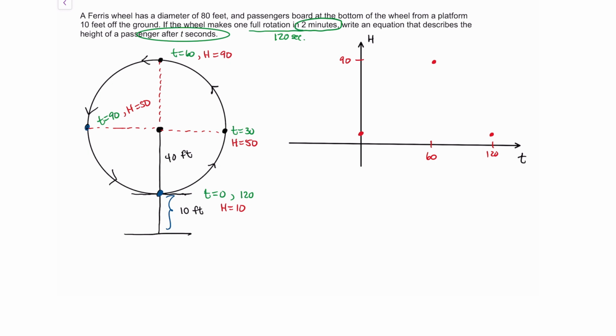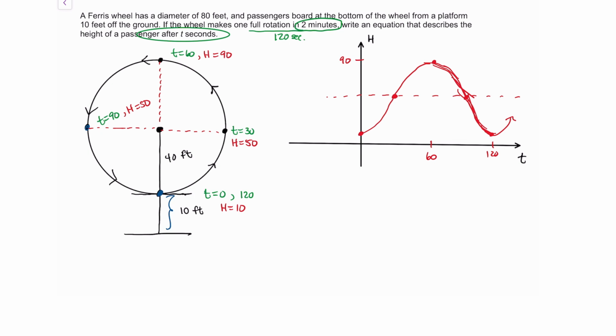And then at t equals 30 and t equals 90, we have the average height, which is 50. So that's about right here and about right here. And that means our graph looks very similar to this. And of course, it's going to keep going that way. Okay, so not the prettiest sinusoid, but at least we have a good idea what it looks like.